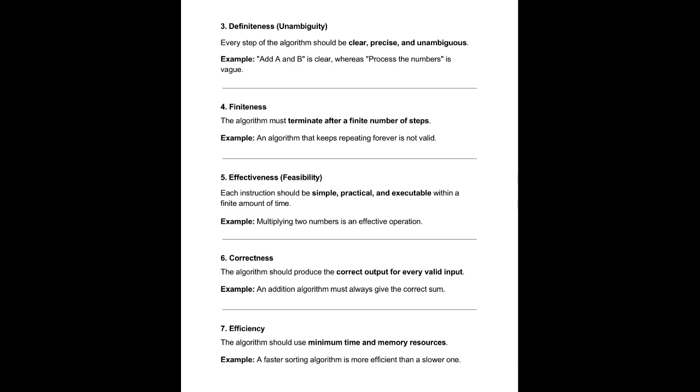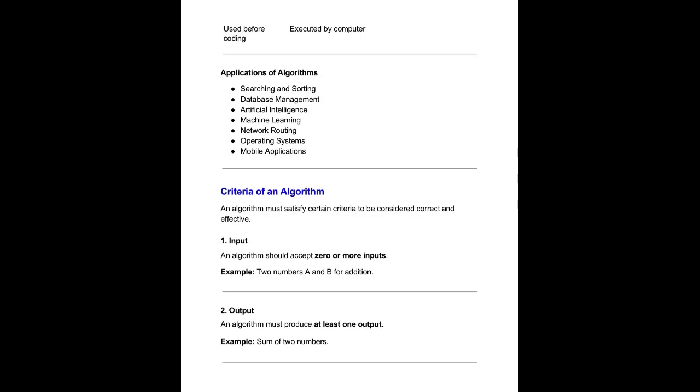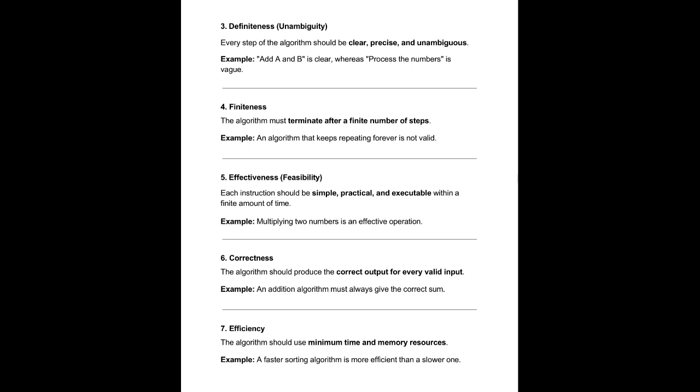For example, a fast sorting algorithm is more efficient than a slower one. These are the criteria of an algorithm: input, output, definiteness, finiteness, effectiveness, correctness, and seventh is efficiency.